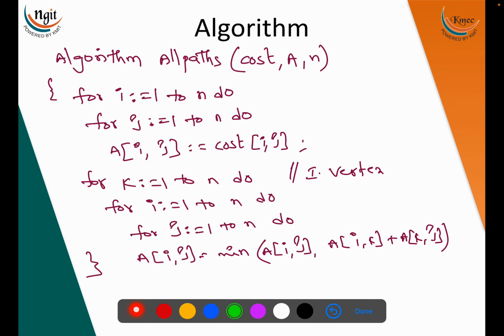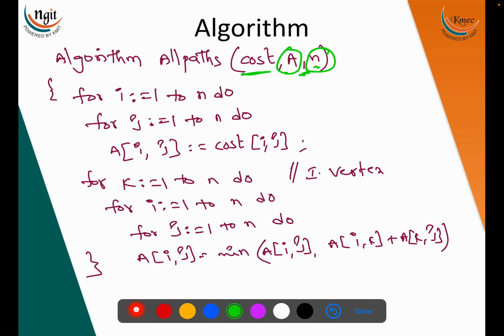In the algorithm AllPaths, cost is an n by n cost adjacency matrix of a graph with n vertices. A(i, j) is the cost of the shortest path from vertex i to j. Cost(i, i) is equal to 0, as we discussed. N is the number of vertices available here.